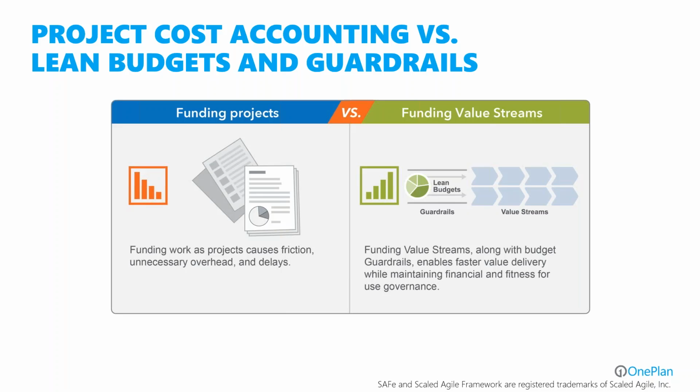It gets simpler and more efficient with a value stream approach. In a value stream approach, instead of, for example, having to worry about funding 315 projects, instead you're worrying about funding, let's say, 5 value streams in the organization.